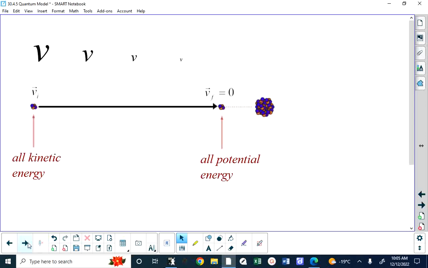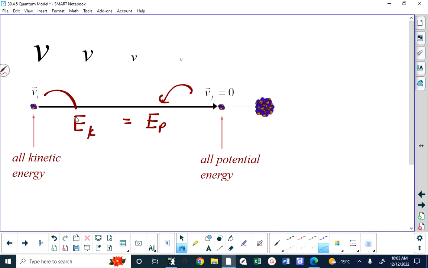This is like a pendulum, except it's not going to continue. All this kinetic energy, as the particle slows down, will be lost and turned gradually into potential energy. And what that means is that the potential energy over here has to be equal to the kinetic energy over there.